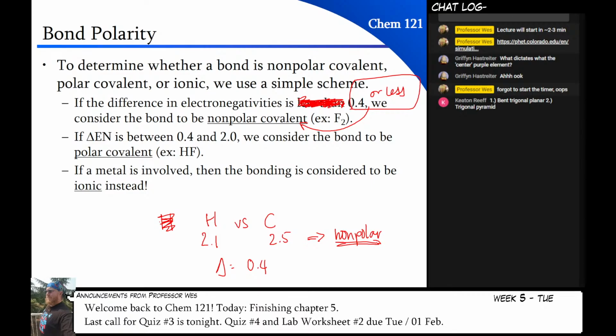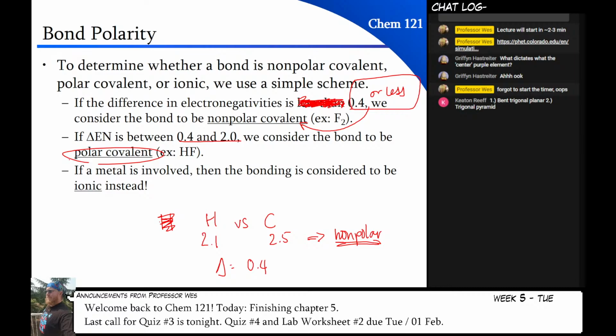If the difference is 0.4 or less, we're going to call it nonpolar. If the difference is between 0.4 and 2, we're going to call it polar.